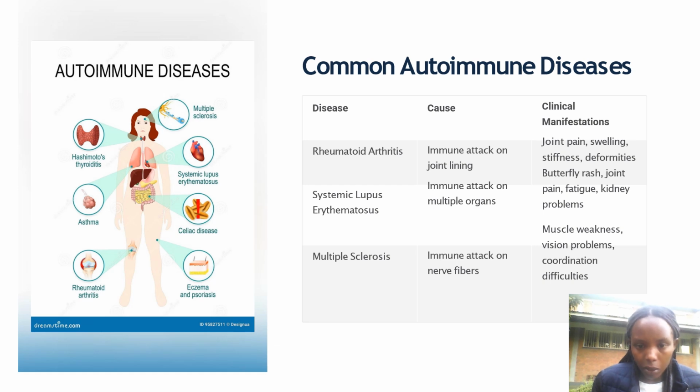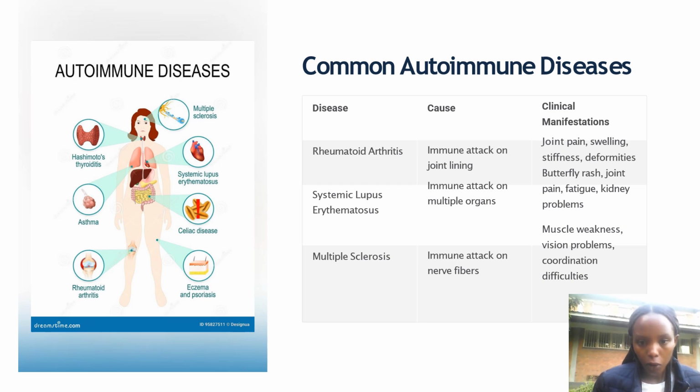And we have systemic lupus erythematosus. This disease is caused by immune attack on multiple organs, and it is located here. For clinical manifestations of systemic lupus erythematosus, we have pain, fatigue, and kidney problems.